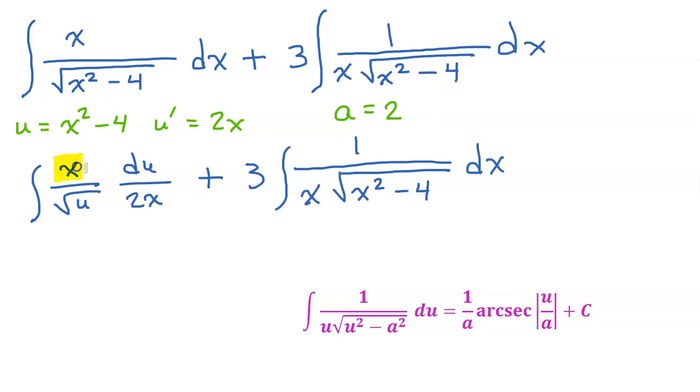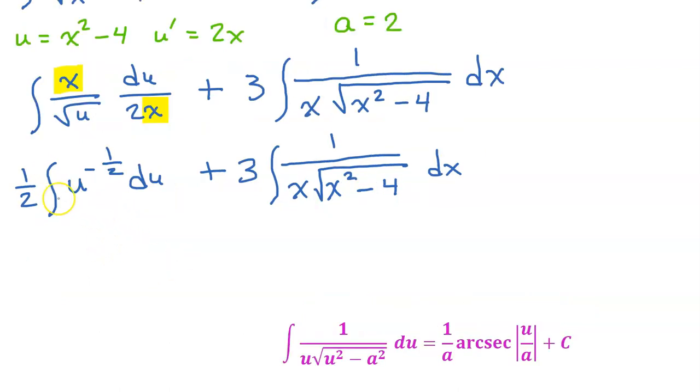Notice that we have an x in the numerator and another one in the denominator. These will cancel each other out. On the next step, the 2 in the denominator will become a 1/2 in the front. And I'm going to rewrite this slightly. The square root of u in the denominator would be the same thing as u to the negative 1/2 power.